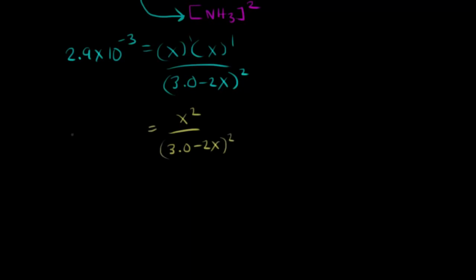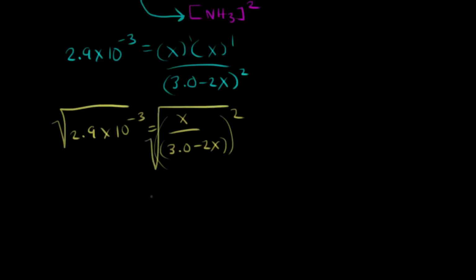These are both squared, so we could just say that this is all squared on the right side. And then we could take the square root of both sides, right? So take the square root of 2.9 times 10 to the negative third, and the square root of what's on the right would be x over 3 minus 2x.